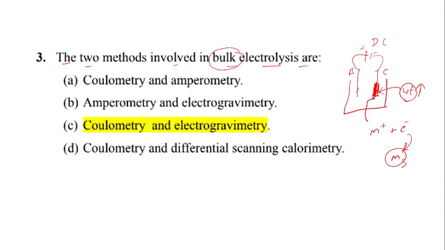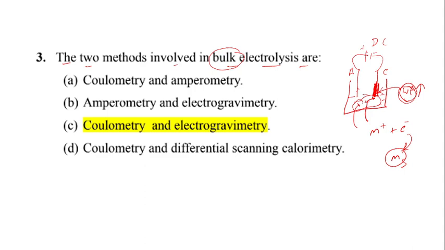The metal deposited on the cathode comes from the solution. So finally you can calculate how much metal was present in your analyte. This is how you can use this technique in analytical chemistry, where we are analyzing what our sample or analyte contains.